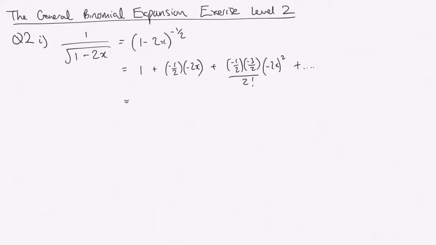Simplifying this, we get 1 plus x plus 3 over 2 x squared. That is the first three terms of our binomial expansion, which is valid when 2x is between negative 1 and 1, or x is between negative a half and a half.